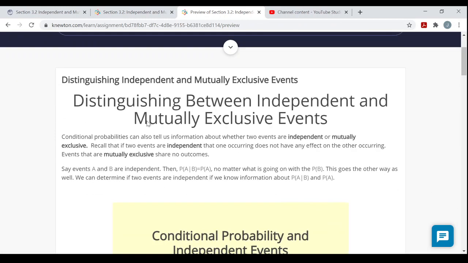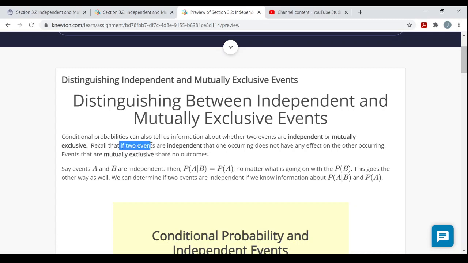So we're asked to distinguish. All right, so remember conditional probabilities can also tell us information about whether 2 events are independent or mutually exclusive, or both. Recall that, all right, so here's the definition of independent events.